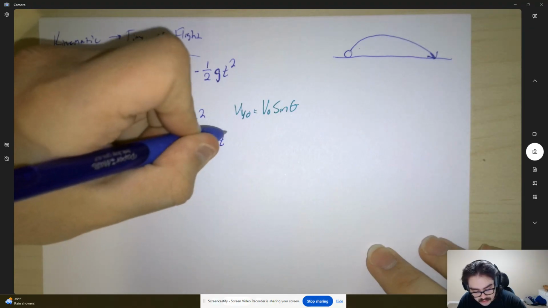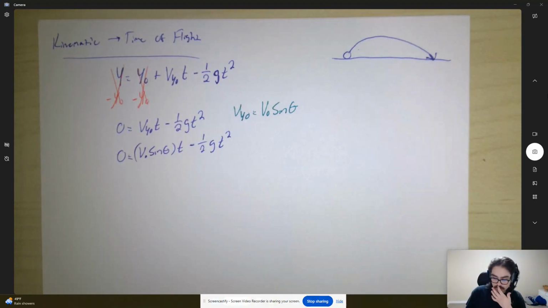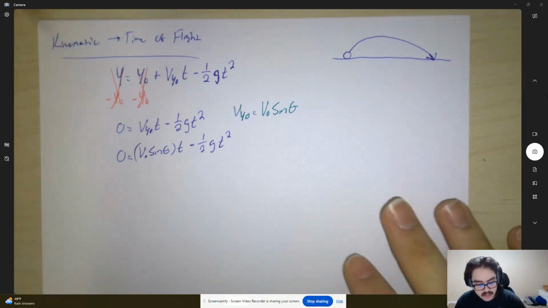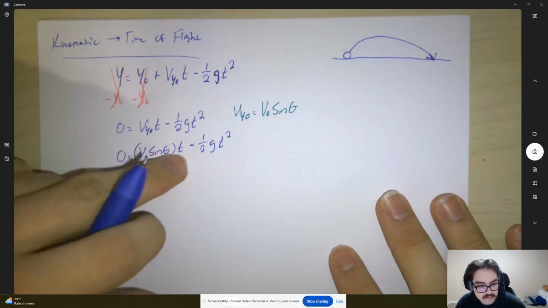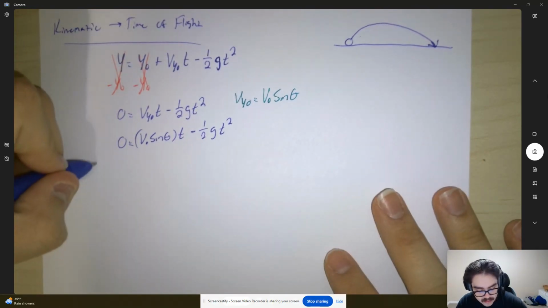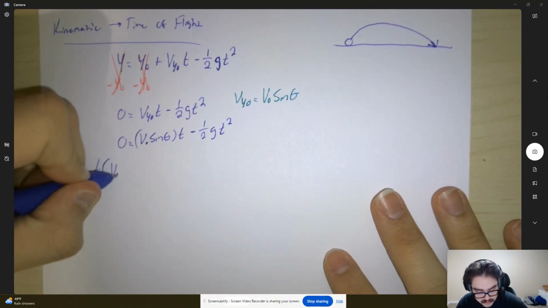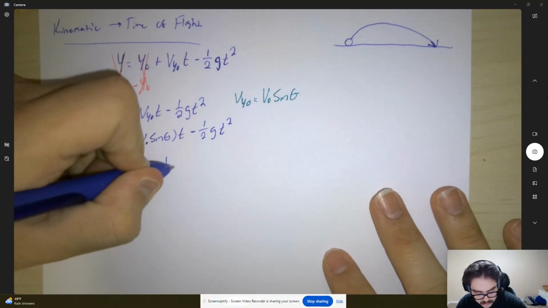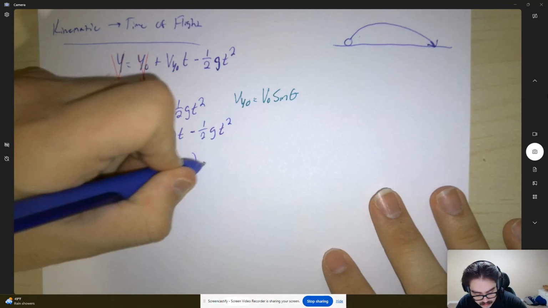minus 1/2 g t squared. Now, what I can do from here is factor out my t's because I've got a t in every term. I'm going to move this to the left side of the equal sign. This will give me t times the quantity v naught sine theta minus 1/2 g t equals 0.